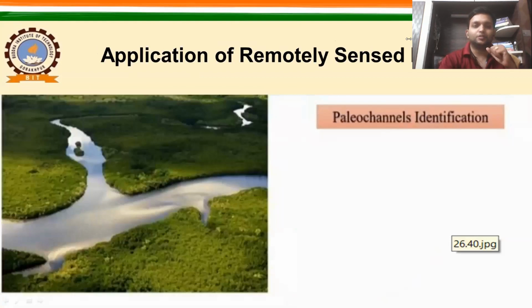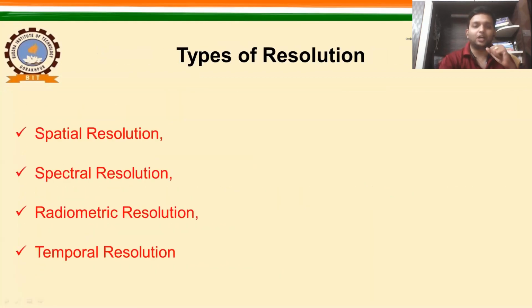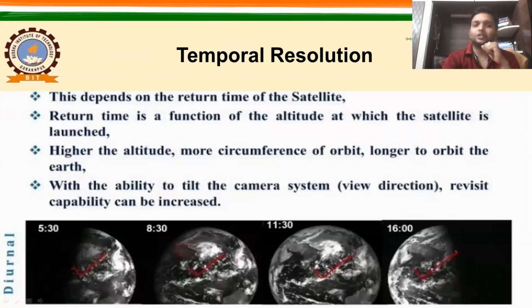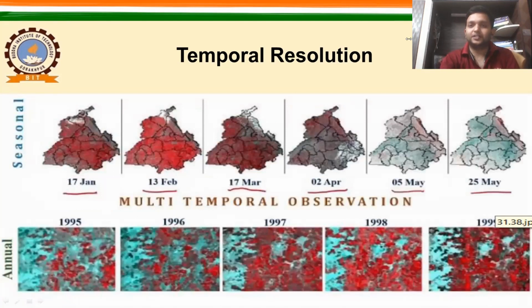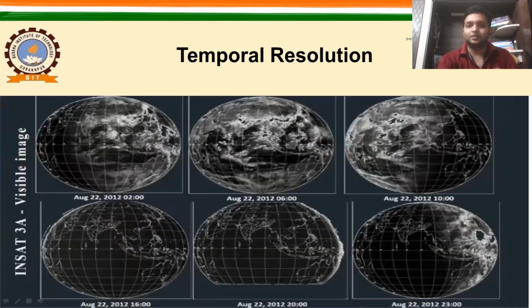We have talked about temporal resolution, and seen how it depends on the return time of the satellite. Then we saw different examples of vegetation on a day basis, a time basis, as well as on a year, annual basis.